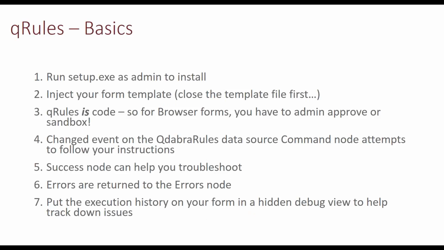And the same with the error field, so you can keep a running history in a given form. Again, it's rare that you need to do that, but if you're debugging something tricky, it might be the best way to go, because if you don't know what's been happening in the form, how do you know what's causing the bug, right? So those are just a few things you can try.